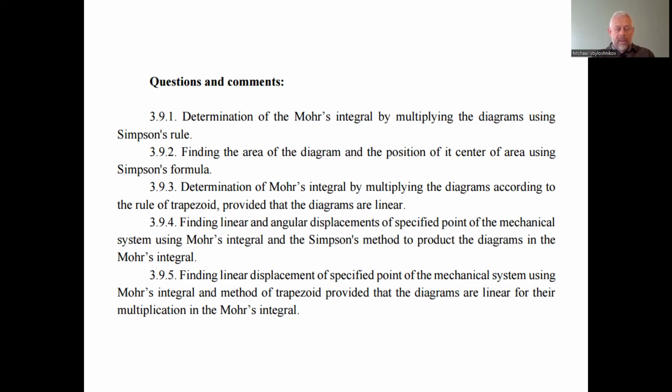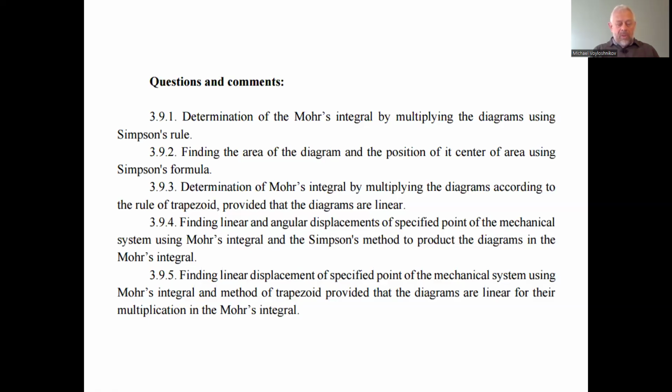So, finding by the trapezoid rule for the linear shape of the diagram of the bending moment of the mechanical system under the action of the external force, and the action of the unit force in the required direction for the assigned point for determination of the displacement of this point, angular or maybe linear displacement.